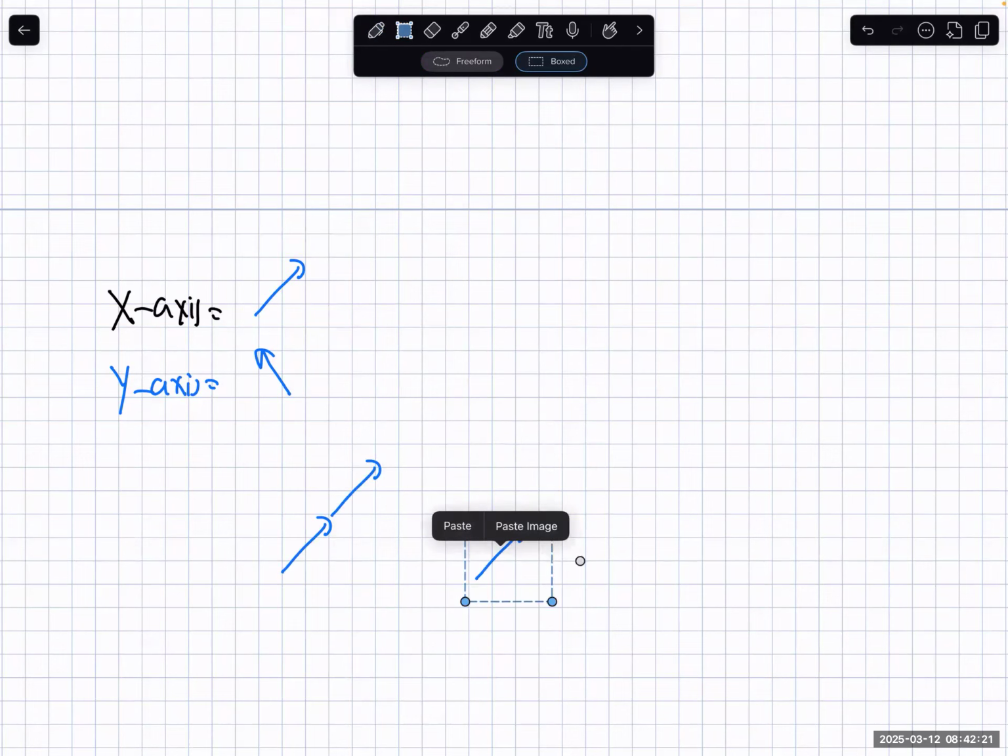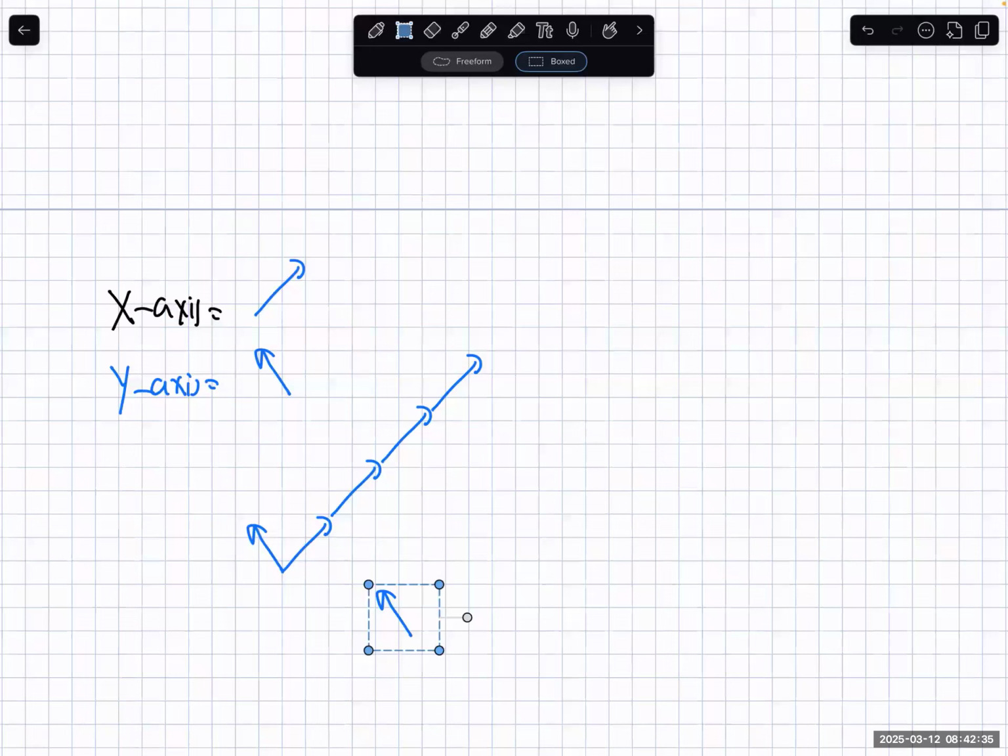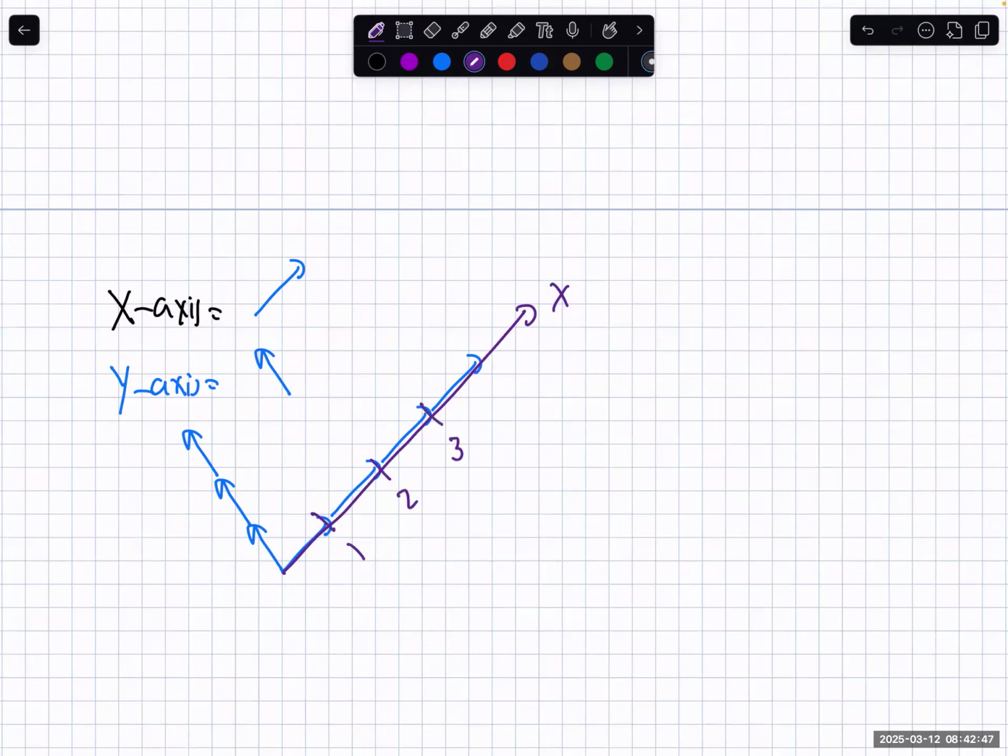So I'll just keep putting these together. So there's positive x, 1, 2, 3, 4.